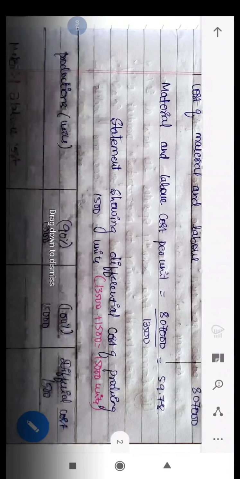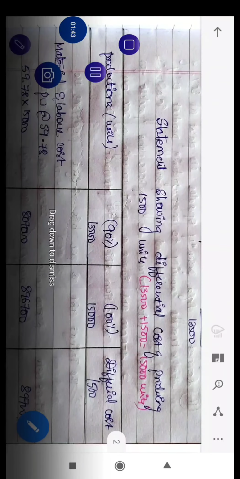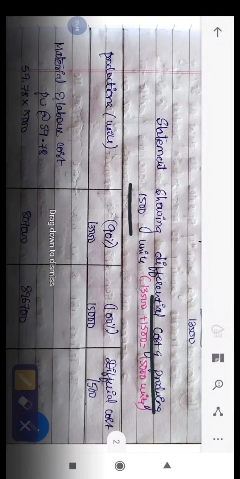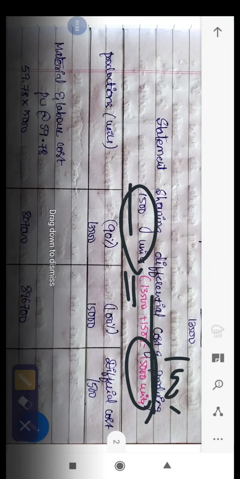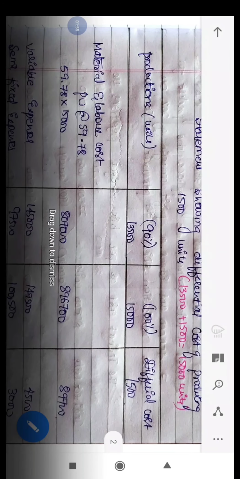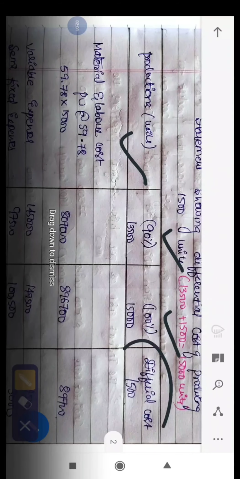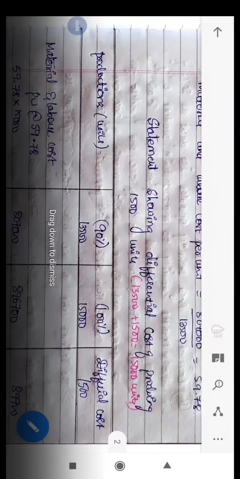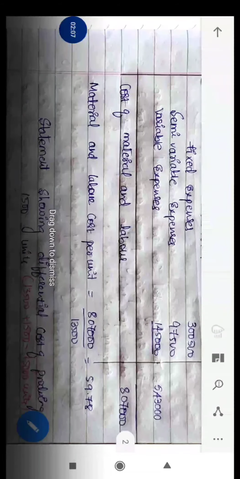So here is the statement showing the differential cost pricing if we are increasing 1500 units to 13,500, so 15,000, that is 100%. The particulars are 90% capacity, 100% capacity, and the difference will be the differential cost based pricing. First of all, why did we calculate this material cost?